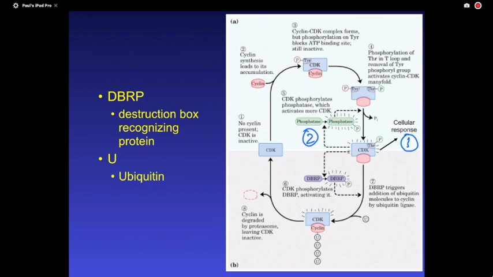Third thing: it turns itself on in number 2, and it begins the process to turn itself off in number 3. What it will do is phosphorylate the destruction box recognizing protein from an inactive state to an active state. This destruction box recognizing protein will then cause the ubiquitination of the cyclin.